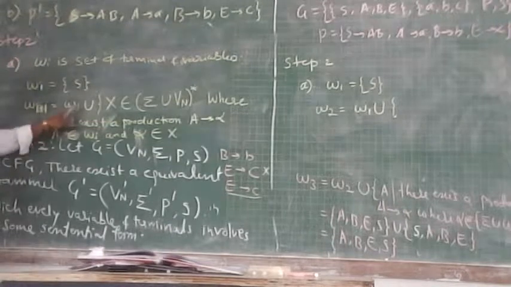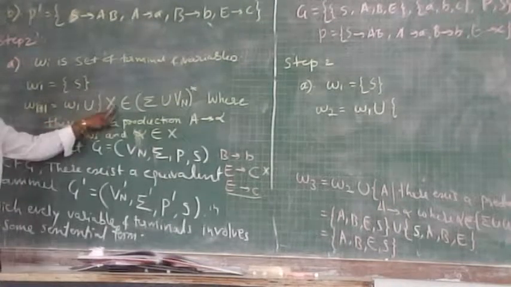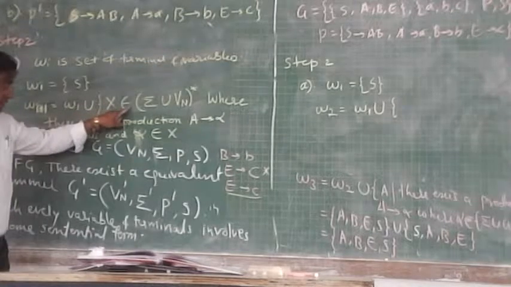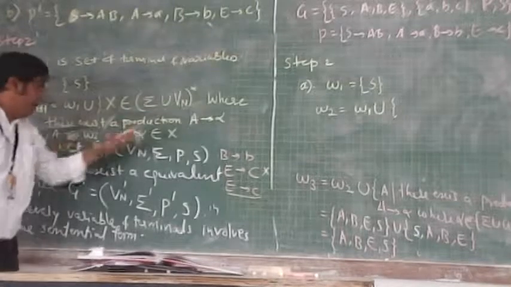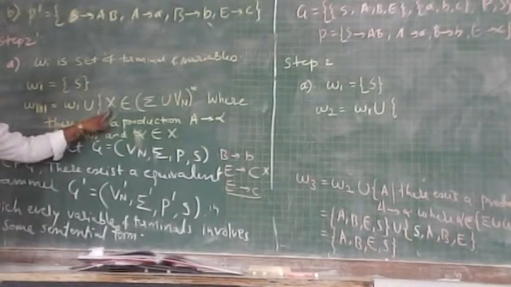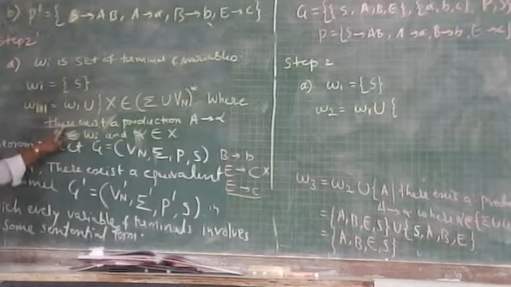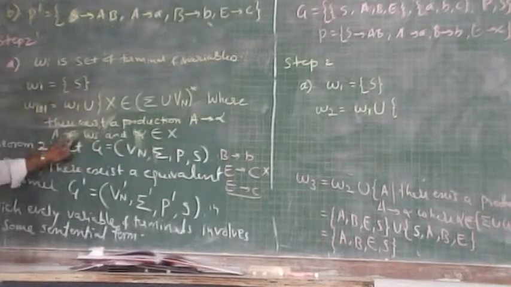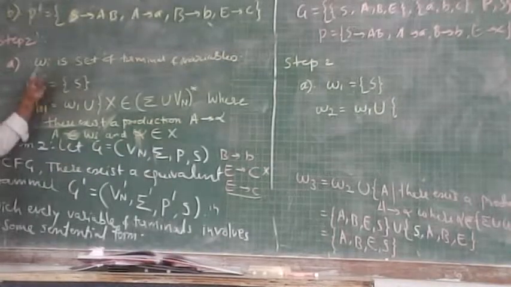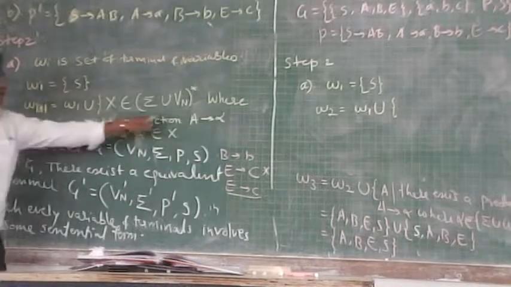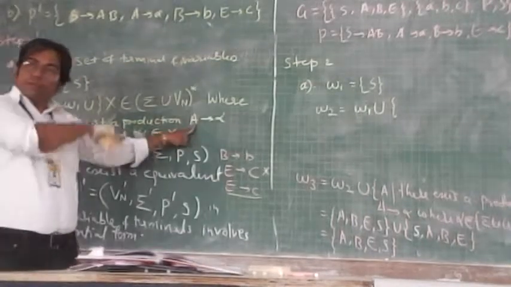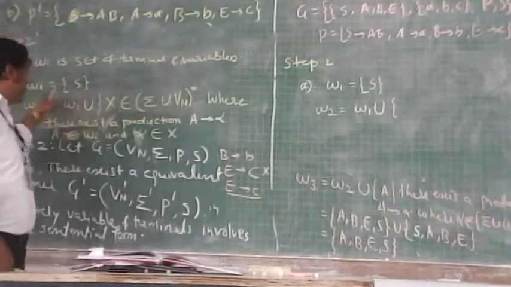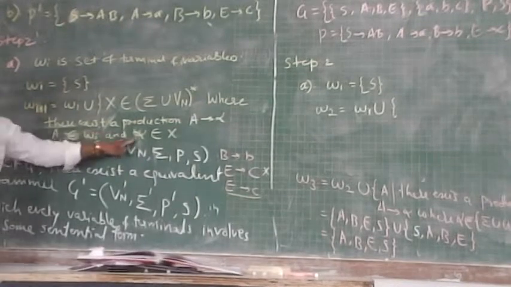See, consider the previous Wi union x, the set of variables or terminals, where there exists a production A implies alpha. How do we find the variables or terminals? On the basis of there exists a production A implies alpha where A belongs to Wi, and Wi means what? Variables, the variables belonging to the previous set we received in the previous step. In this case Wi is yes, and alpha belongs to x.